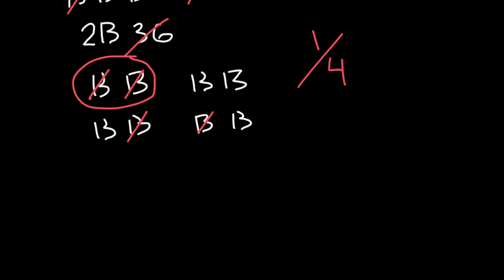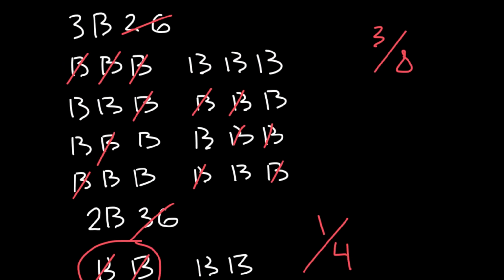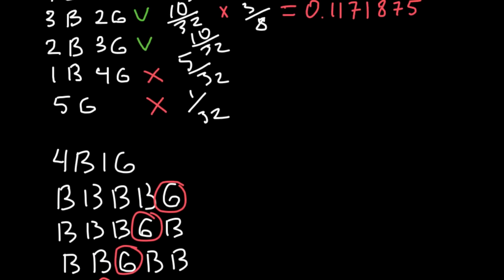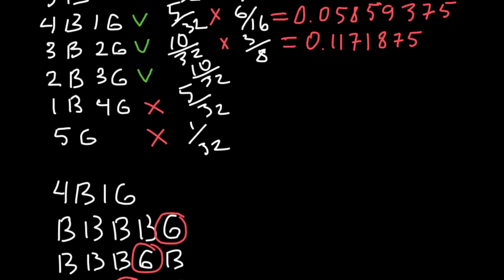So let's put this frequency in our calculations, and as you see, this is 1/4, not 3/8 as in the previous example, and we have to multiply these numbers, and the answer would be 0.078125. We are almost done.